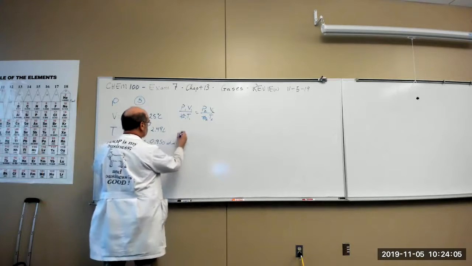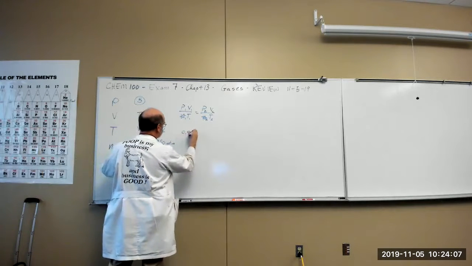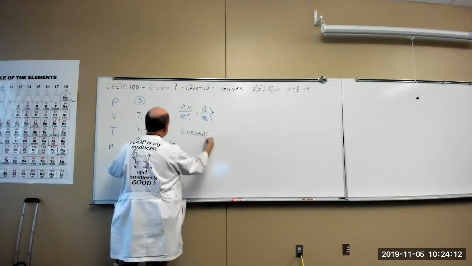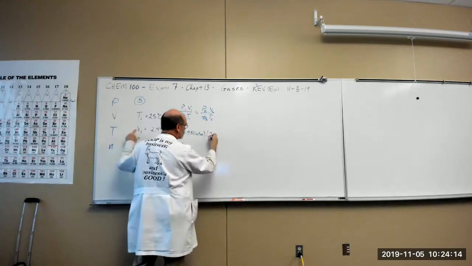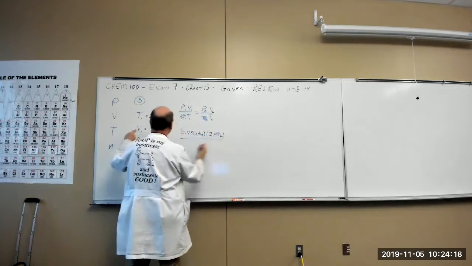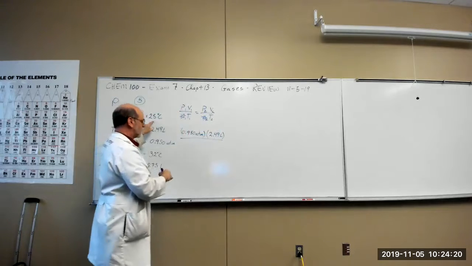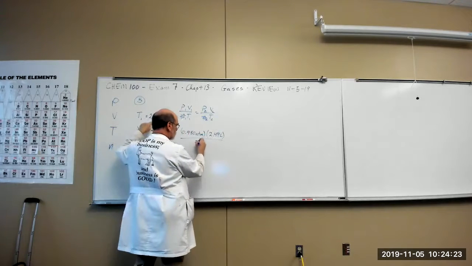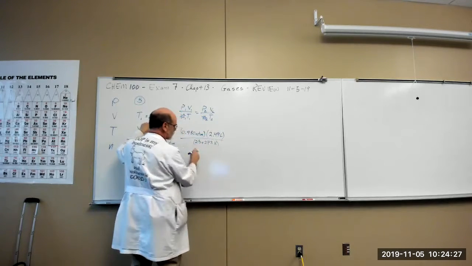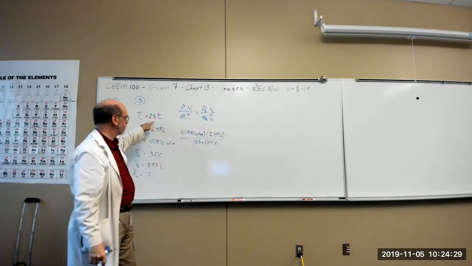So the pressure is going to be 0.95 atmospheres to begin with. The initial volume is 2.49 liters. The temperature needs to be in Kelvin, right? So you have to add 273 to it.